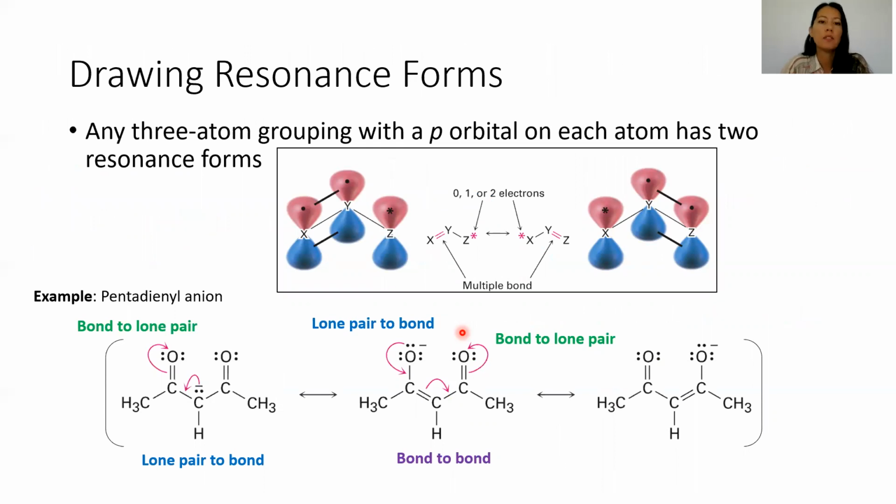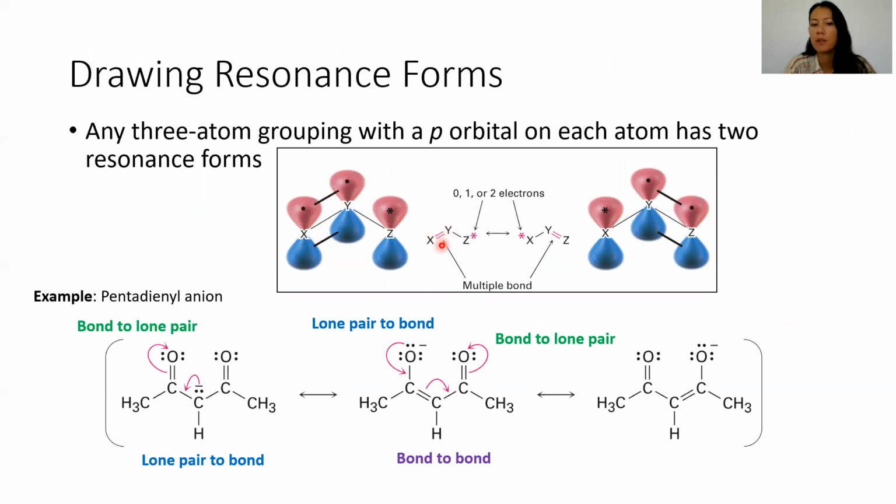When you draw resonance forms or structures, you need to look for pi bonds or double bonds, same thing, or lone pairs. So for example, 2 p orbitals make up a double bond. This X=Y here, showing 2 p orbitals overlapping in phase, these are the pi electrons here, is the same thing as this double bond.